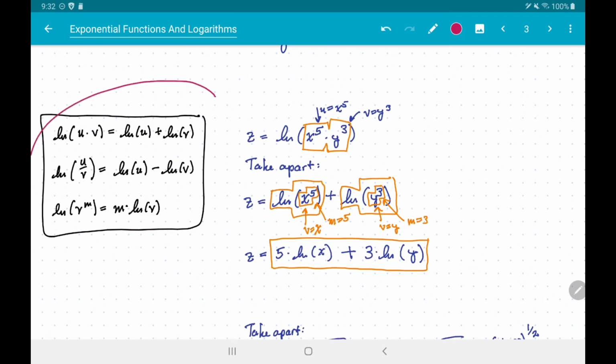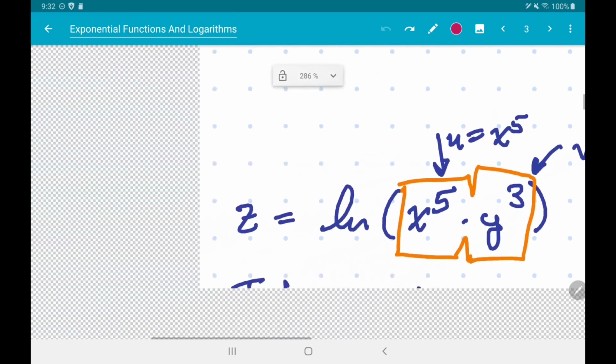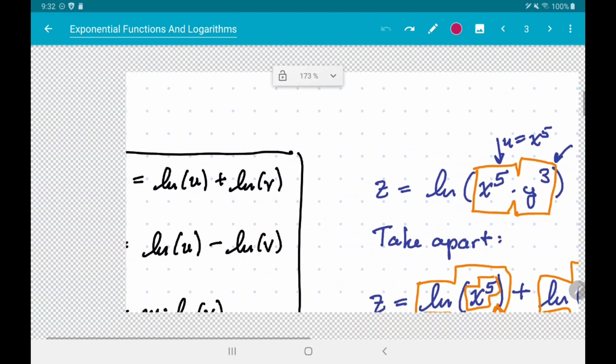We used the algebraic properties of logarithms, and we looked at a formula like this and matched it against a formula.